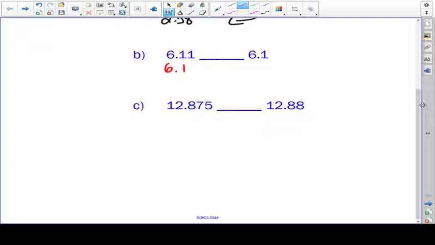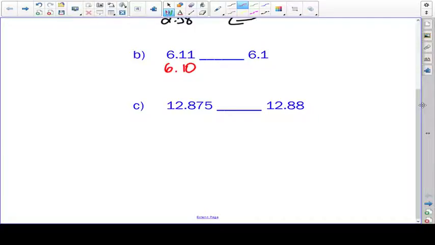So if that bothers you, or maybe you might want to do this to make it easier, after a decimal stops, we can add any number of zeros without changing the question. So I'm going to add a 0 there. And now that's 6 and 10 hundredths. Still means the same as 6 and 1/10.